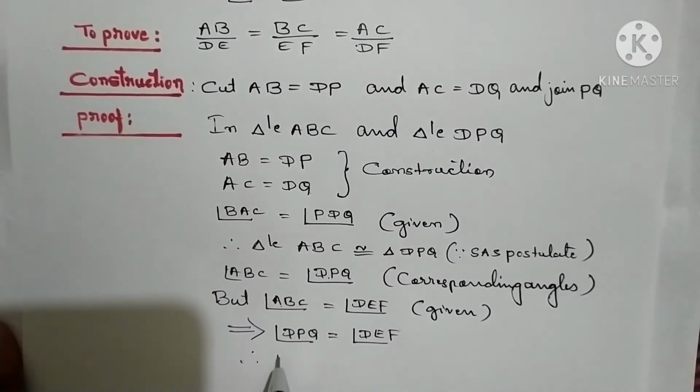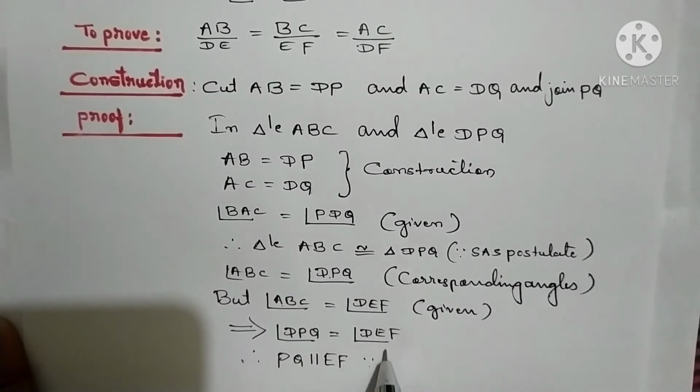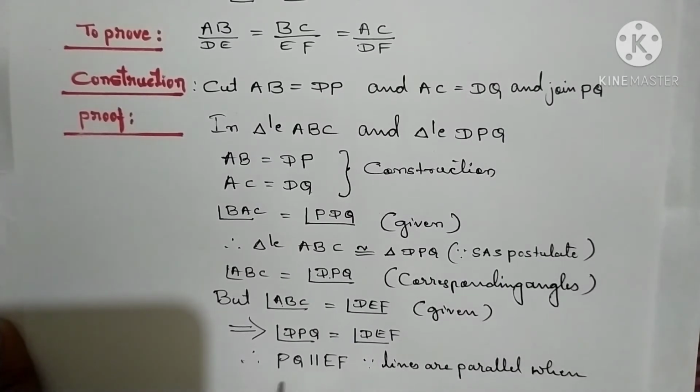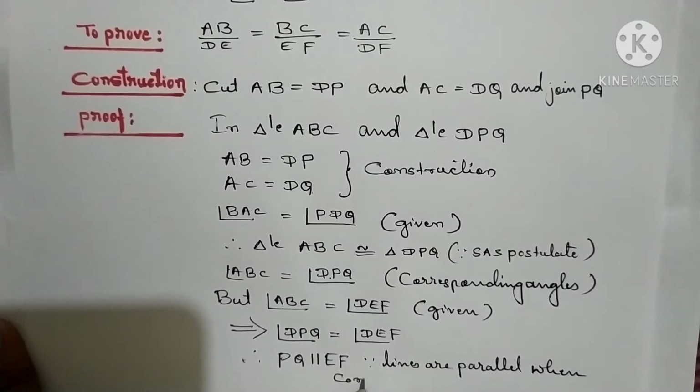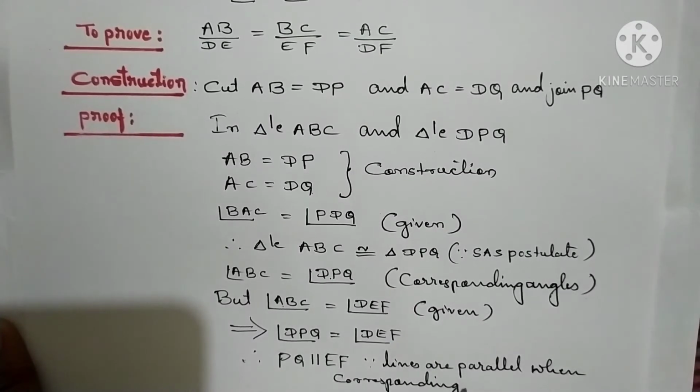Therefore PQ is parallel to EF, because lines are parallel when corresponding angles are equal.